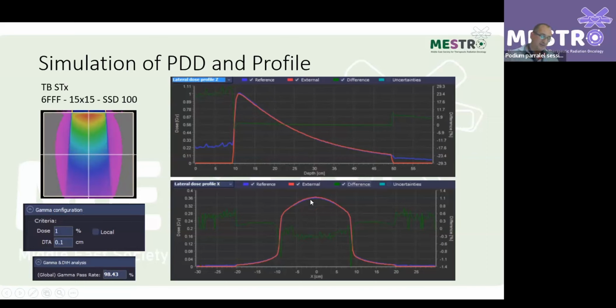And here we see the profile at the 10 centimeter depth, and we have a comparison between Eclipse and Primo. The simulation shows an excellent agreement with a difference practically equal to 0 or less than 1%. The gamma index is 98.43 for criteria 1% and 1 millimeter.